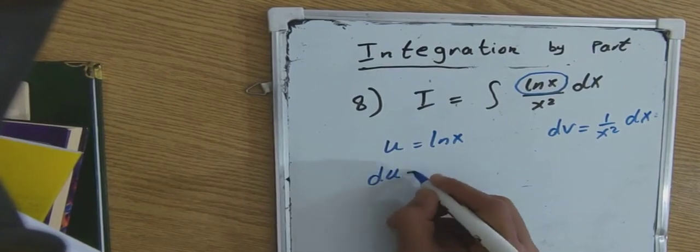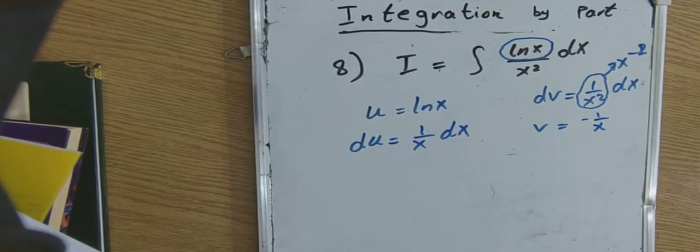The differential du will be the derivative of ln x, which is 1 over x, and the integration of dv, 1 over x squared, which is x power negative 2. So the integration is a power rule: x power negative 1 over negative 1, so it's negative 1 over x.